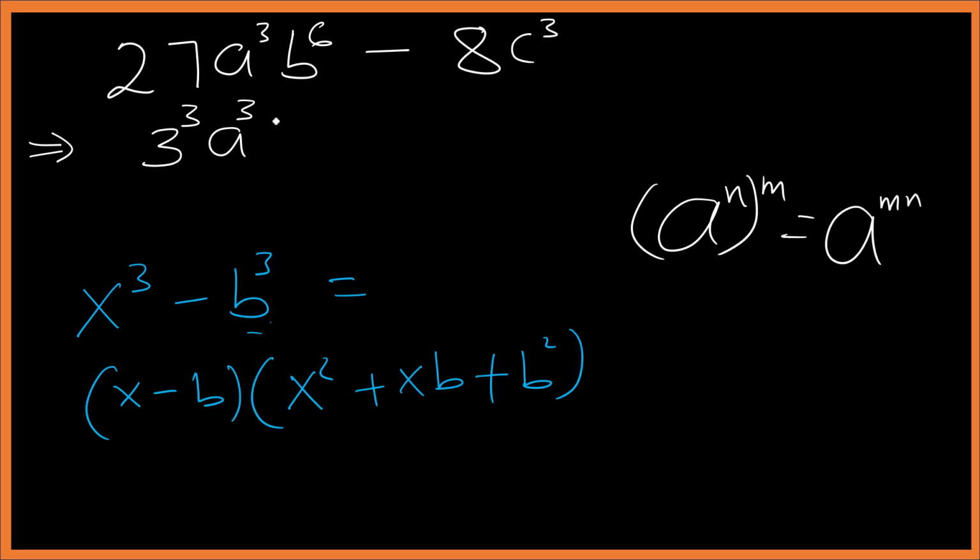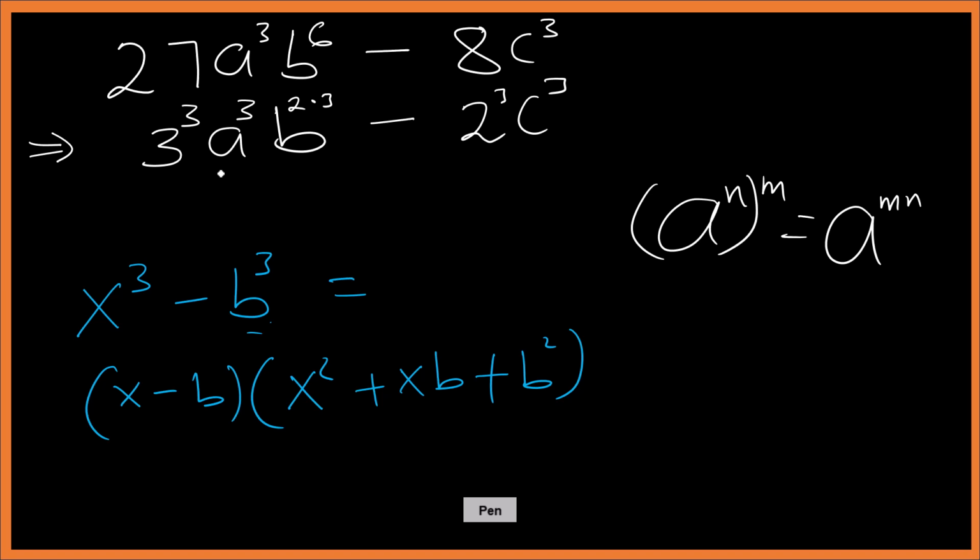So we can write this one as b to the power 2 times 3, so b to the power 6, minus, let's do the same to this. 8 is the same as 2 cubed.